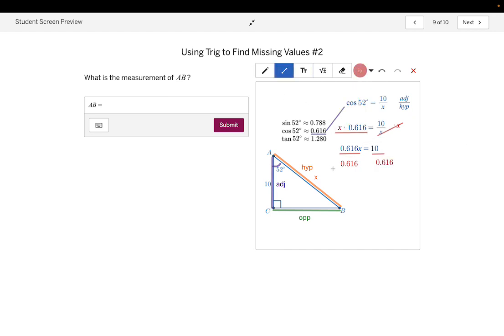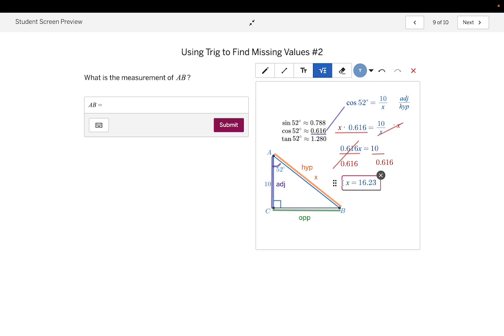And then multiplying and dividing, those are going to cancel each other out. So 0.616x divided by 0.616 is just going to leave me with x after those cancel. And then just grab a calculator if you want, and do 10 divided by 0.616. That leaves me with approximately 16.23 if I round to the nearest hundredth.